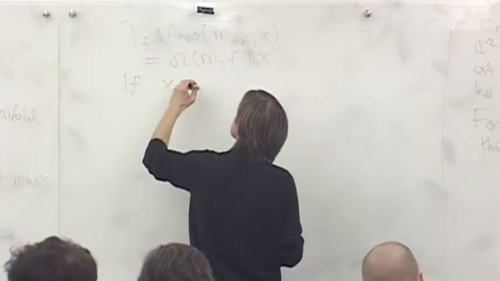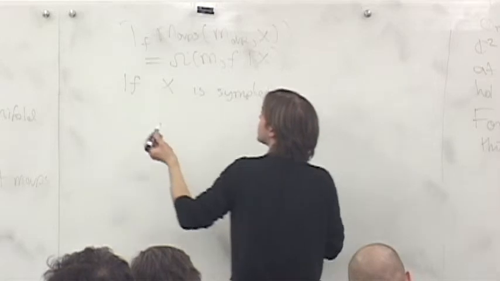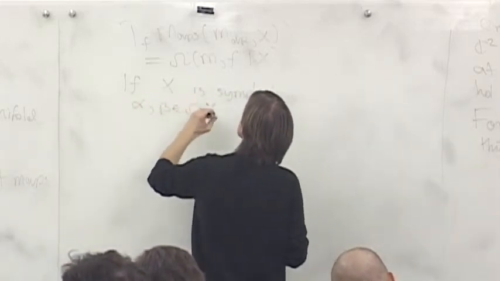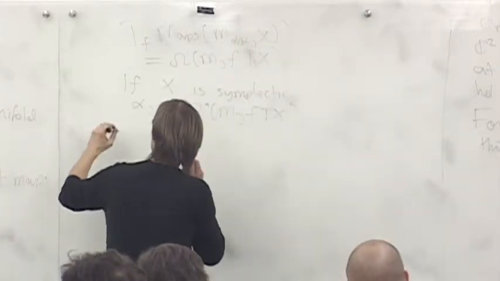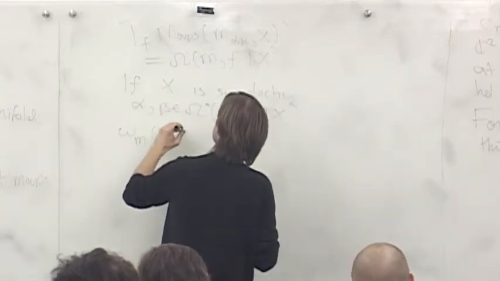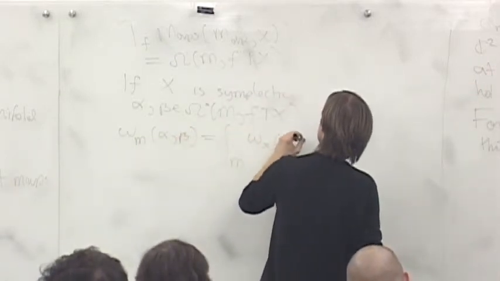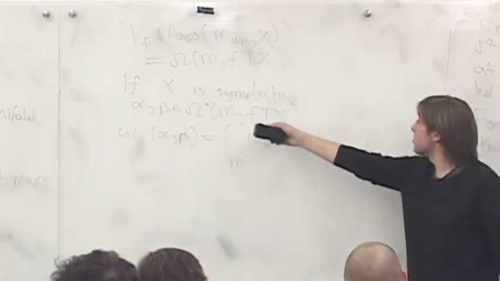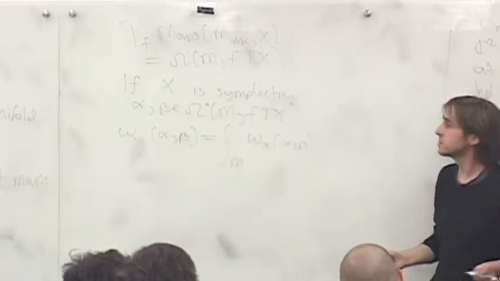If X is symplectic, then if I take two tangent vectors alpha, beta in the tangent space, then I can define a new symplectic form, say omega_M(alpha, beta), to be the integral over M of the symplectic form of X. I just apply the symplectic form to get differential forms on M, then I wedge them and integrate.